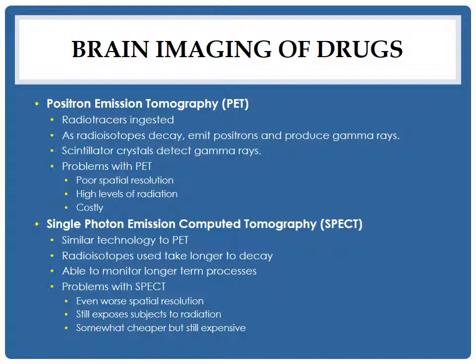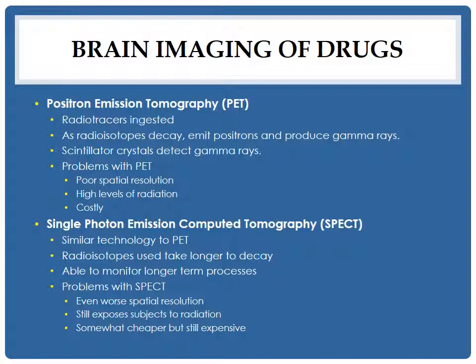And then once that radioisotope starts to decay according to its half-life, you can put that person in a scanner. As the radioisotopes decay and emit positrons, the positrons will create a gamma ray that can be detected by basically a ring of crystals. These crystals fluoresce when the gamma rays hit them, and then a computer is used to monitor the fluorescence.